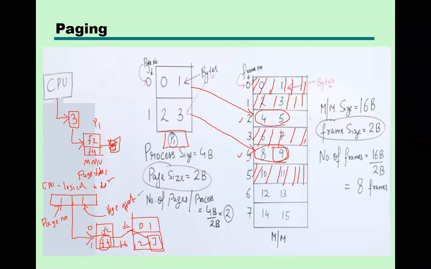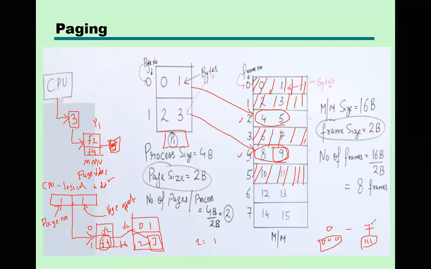Suppose, as we have seen, if there are 2 bytes of data, 0 and 1, we can represent them by 1 bit. Similarly, suppose there is 0 to 7. To represent 0, how many bits are required? 0, 0, 0. And to represent 7, 1 plus 2 plus 4, that is 7. So 3 bits are required to represent 0 to 7.